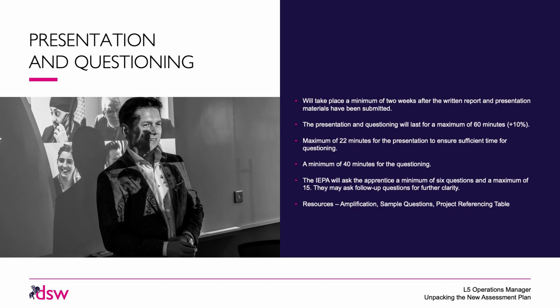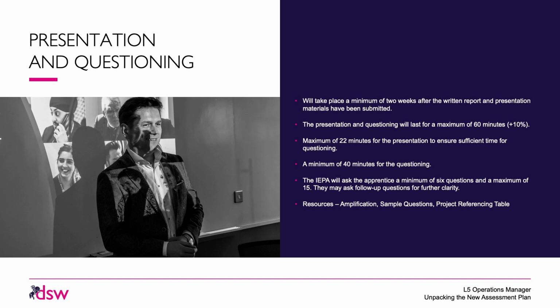It is recommended apprentices practice their presentation with their materials prior to submitting and prior to their assessment to ensure it's around the 20 to 22 minute mark. The questioning then has a minimum of 40 minutes. Within the questioning session, the assessor will ask a minimum of 6 questions and a maximum of 15.